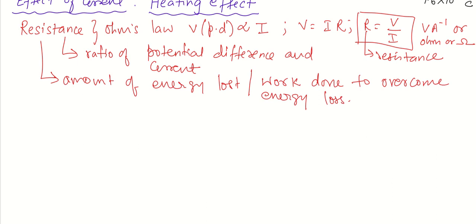Okay, so you can define it in terms of the formula, which is a very easy one. But make sure that you tell what is V, what is I here.